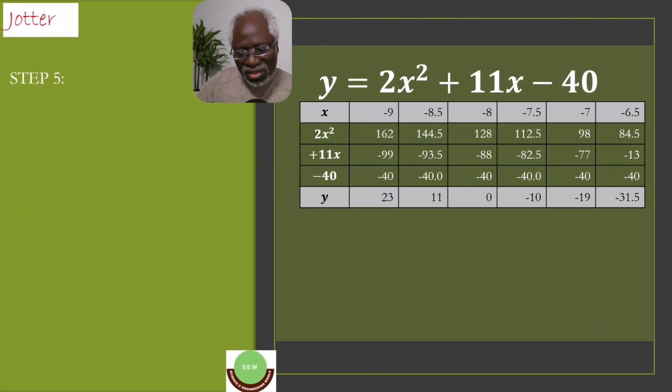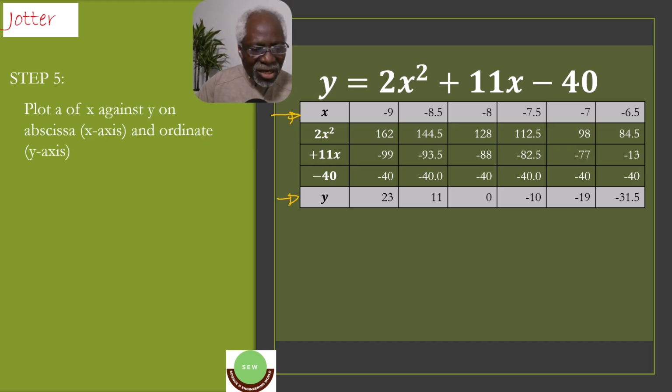In this step 5, we want to present the x and the y values we've obtained in a graphical paper. Manually, we can do this. We have the x-axis on the horizontal, and the y on the vertical.